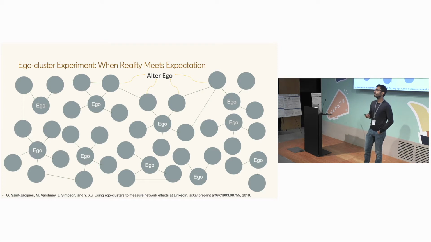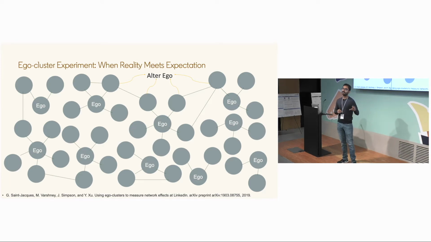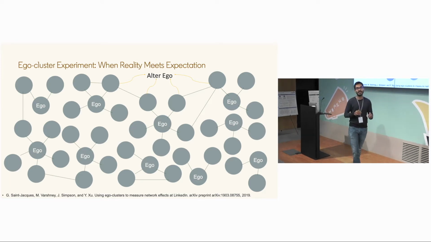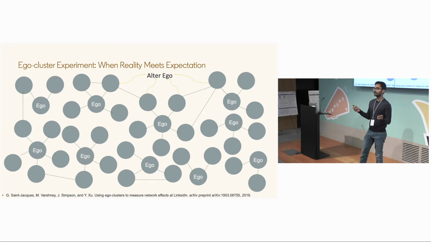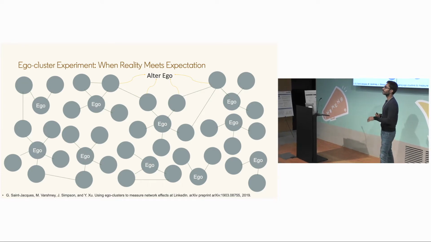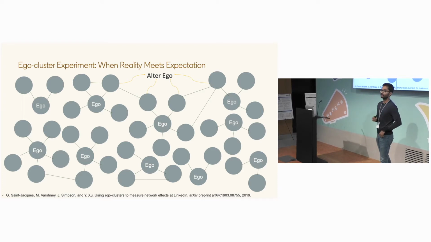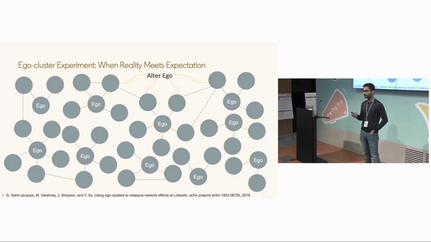At LinkedIn, we run this ego cluster experiment where we cluster the whole network into a set of egos and their alter egos in a way such that no two egos have a connection between them, and no two egos can have the same alter. If we can make this design happen, then A/B testing is very simple.